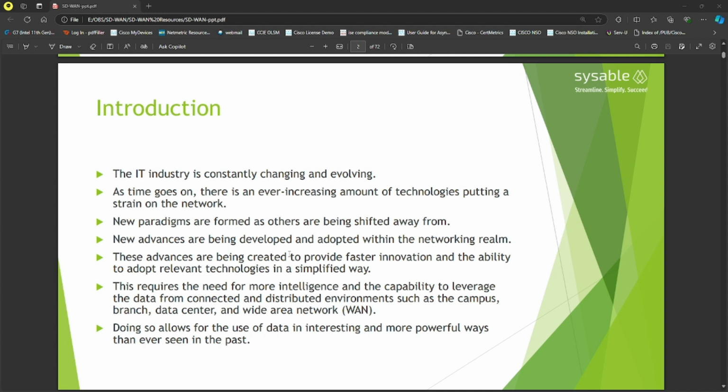Everyone has a smartphone and a laptop for their work, or for basic work or anything. Every home now has internet as well as a smartphone and a laptop. So new paradigms are formed as others are being shifted away from. New advances are being developed and adopted within the networking realm. These advances are being created to provide faster innovation and the ability to adopt relevant technologies in a simplified way.